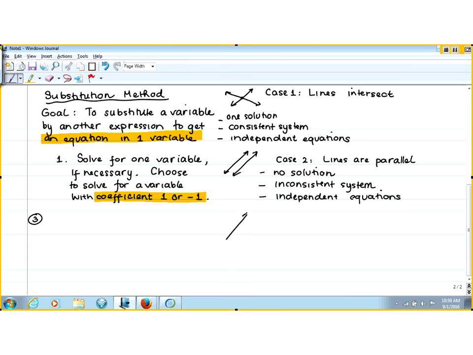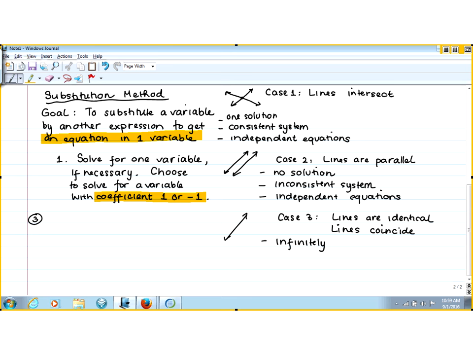Case 3. Do you remember case 3? Yeah, the lines are identical, or you could say the lines coincide. How many solutions?